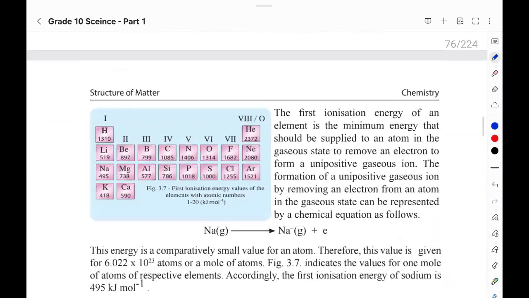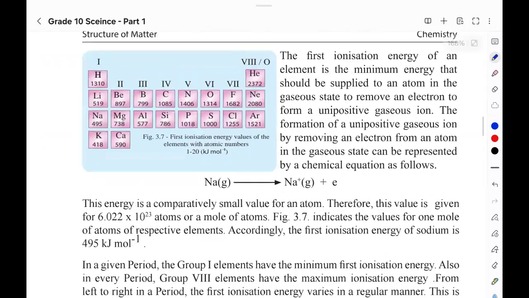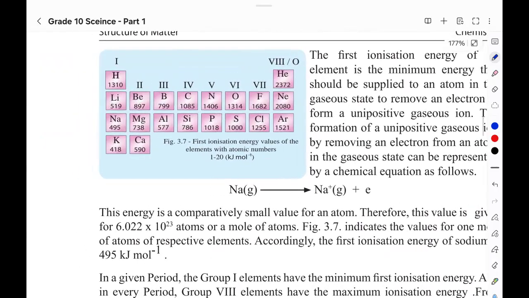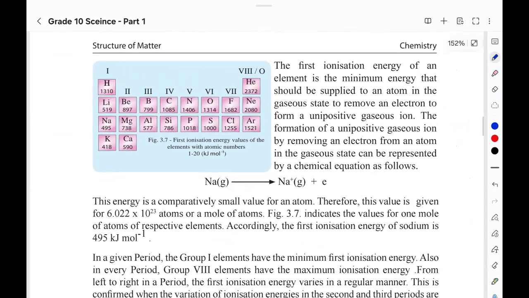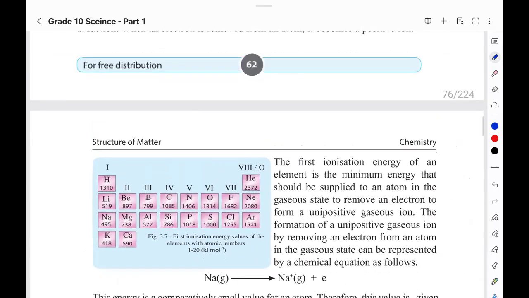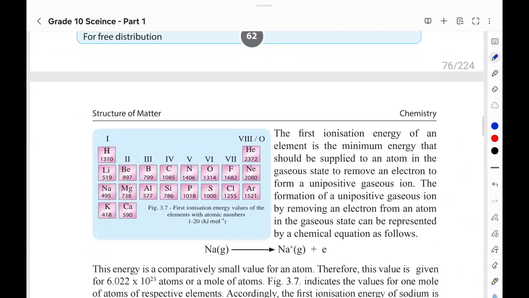Maybe you haven't learned this. They have given the ionization energy values in your textbook also. Then you have to remember the relative variation.